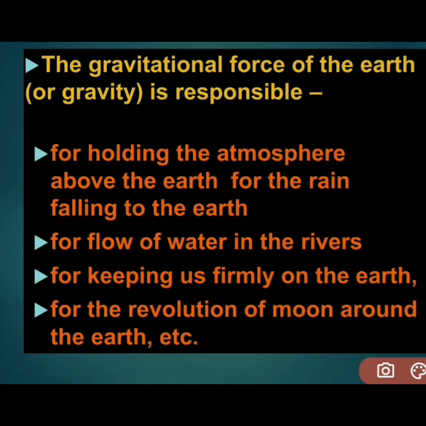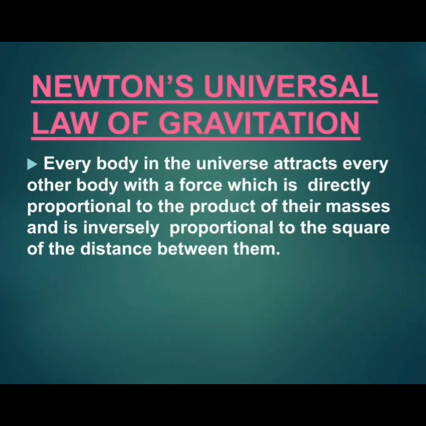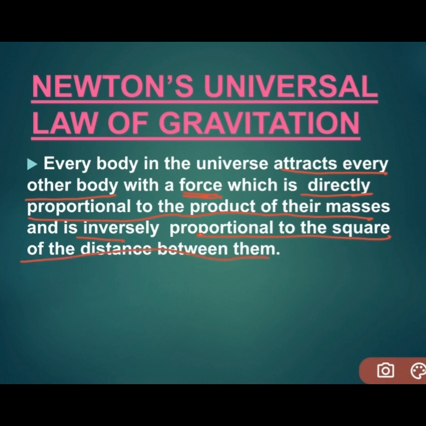So let us discuss the universal law of gravitation. Newton's universal law of gravitation states that every object in this universe attracts every other object or body with a force that is directly proportional to the product of their masses and inversely proportional to the square of the distance between them. What do you mean by this?